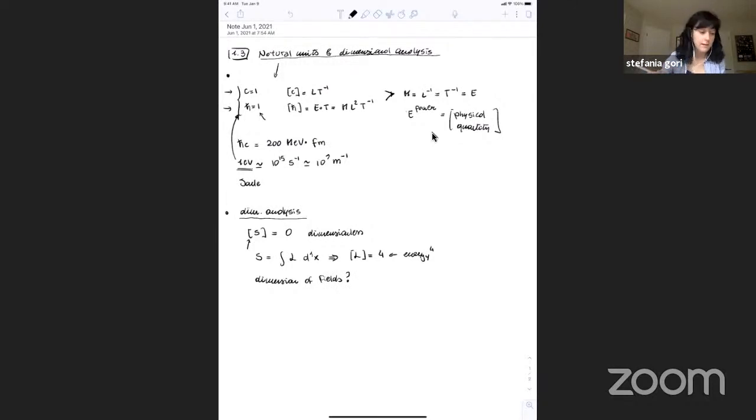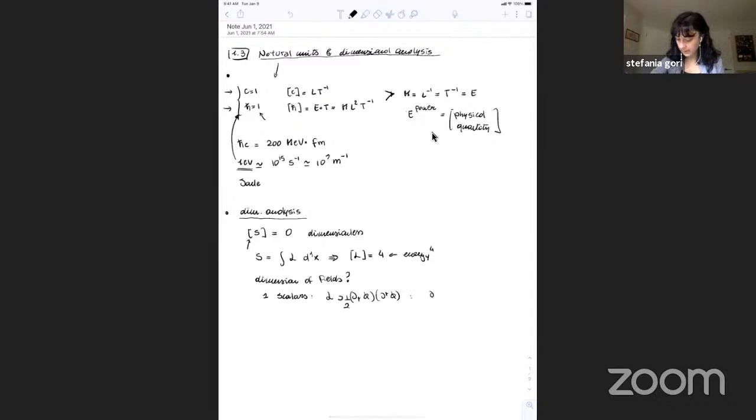So we can do the exercise for scalars. We can remember, for example, that one allowed term in our Lagrangian for a real scalar that we have seen yesterday was of this type, the derivative of phi squared, and okay, there was some factor of 2 for a real scalar, doesn't matter.